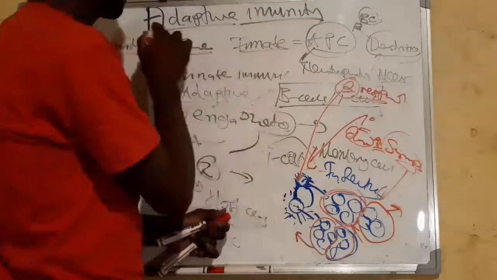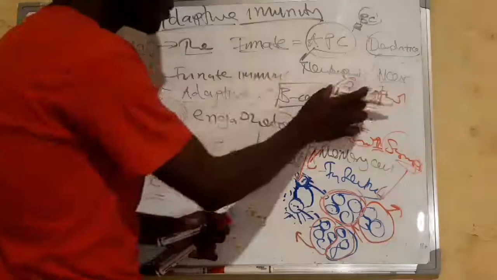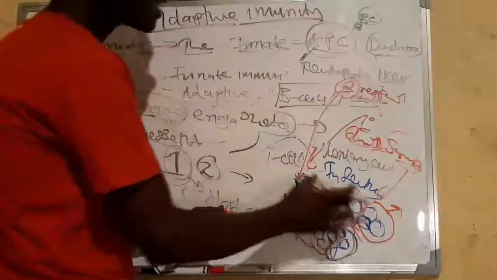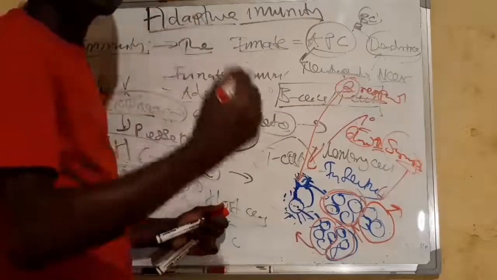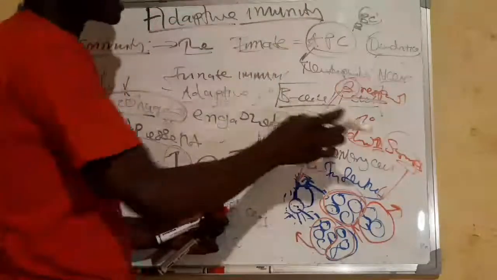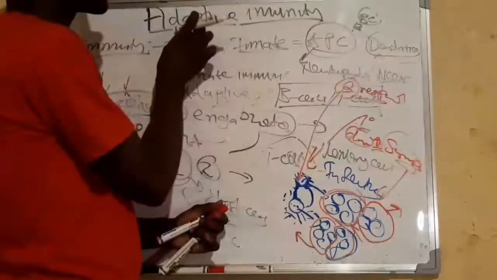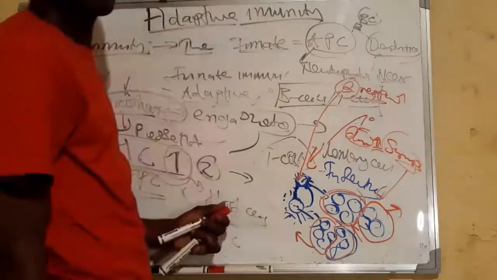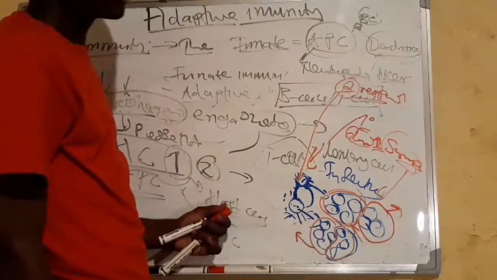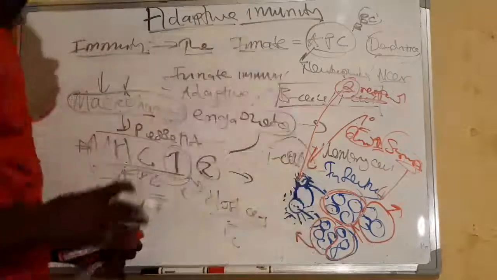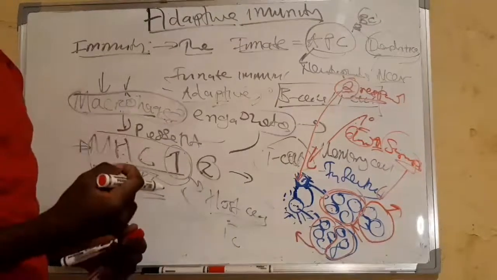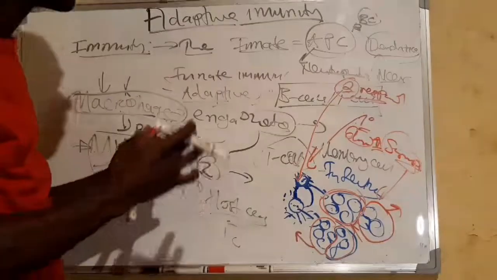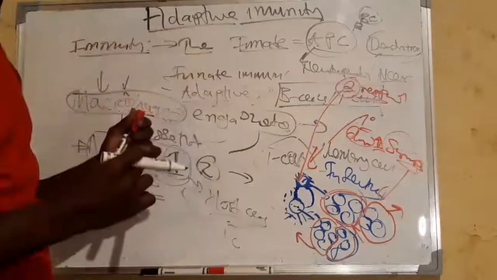So that's why it is adaptive. When the pathogen enters a second time, it will find that there are already memory cells there. The B cells were already adapted to the same pathogen. That's why it is referred to as adaptive immunity. So this is how adaptive immunity works. The first encounter is known as the primary response.